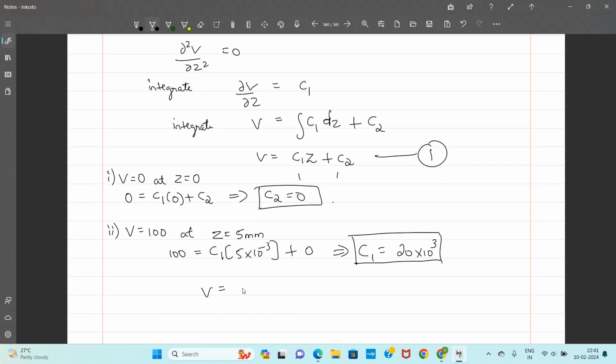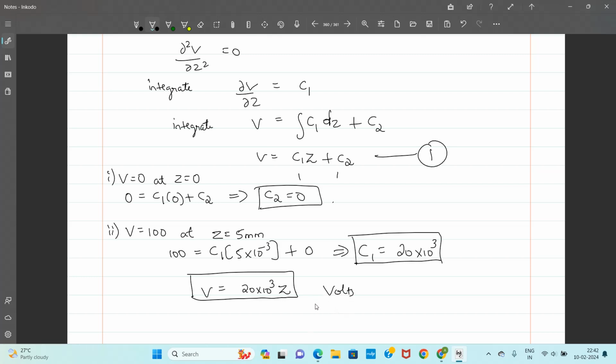So V is equal to 20 into 10 power 3 Z, and C2 is anyways 0. So this is the equation I got for potential. After finding out C1, C2 using the given conditions, I have put those values back in the main equation and I got the solution for potential.